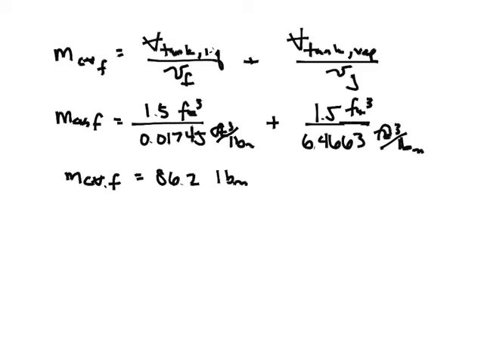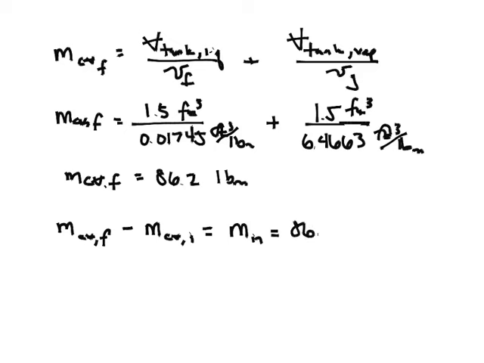So now what we can do, remember part B of our question, we already know part A, which is our final pressure. Part B wants to know what's the mass of the steam that has entered the tank. So the mass of the control volume at the final state minus the mass of the control volume at the initial state equals the mass in.